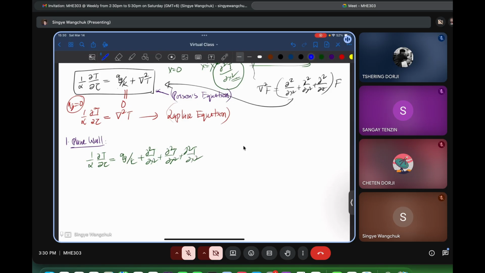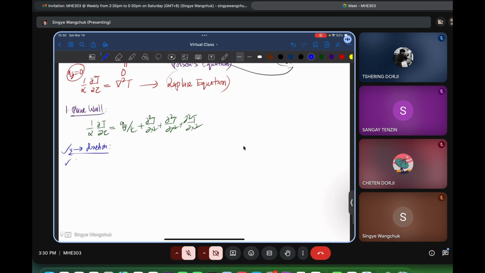One dimension means first we treat only the x direction. And we also want to say that it is steady heat flow, and that it does not generate any heat.